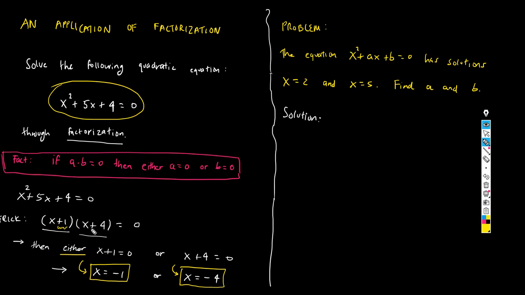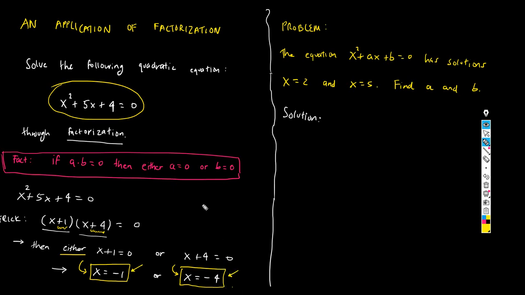And if you pay attention to this binomial, minus 4 is simply the negative of this term in here. So basically, the two solutions that you're going to get at the end will be the negative of the constant terms in these binomials. Okay, the negative, and that's it. That's how this method works.